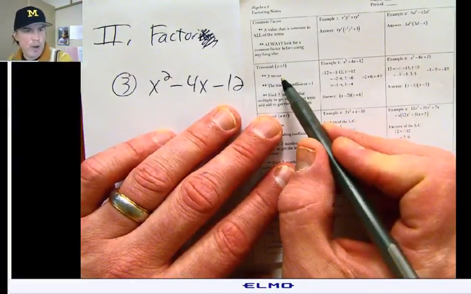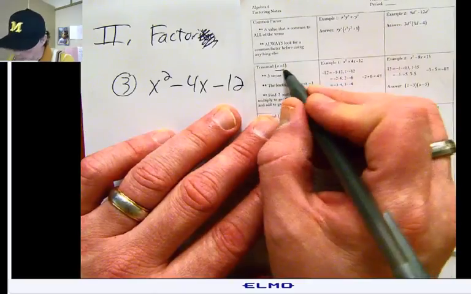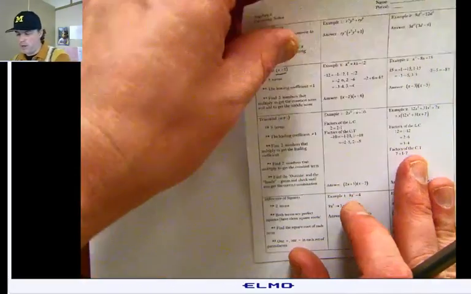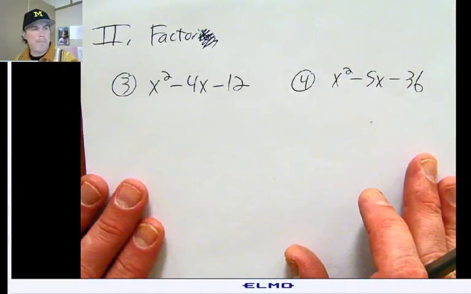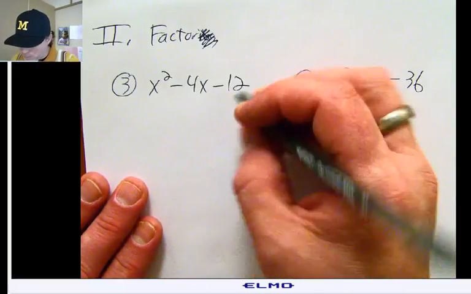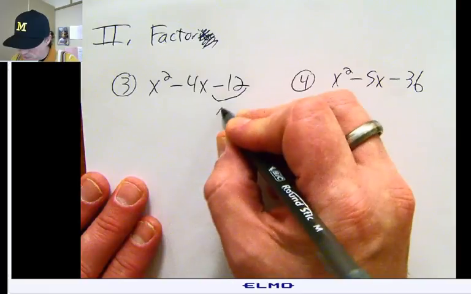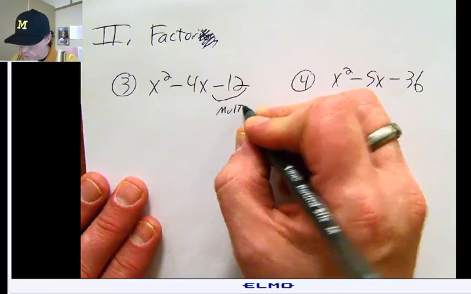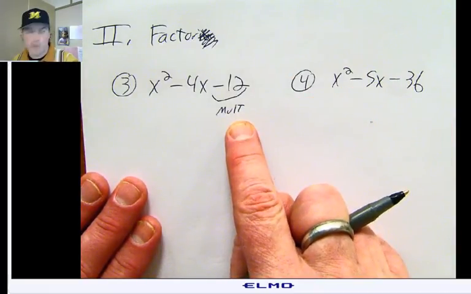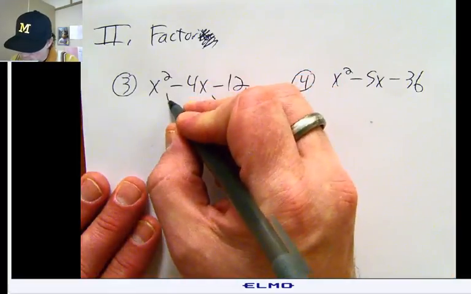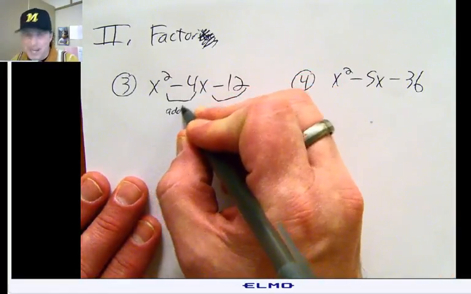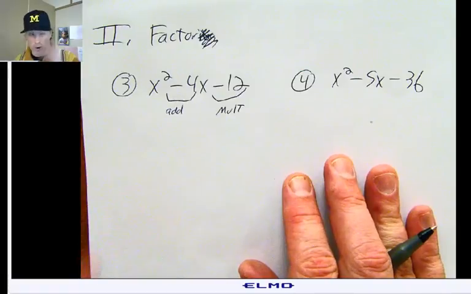And if you go back to the notes, this is trinomial a is equal to 1, the technique that I'm going to talk about right now. So we're looking for two numbers based off what we just talked about. The two numbers need to multiply to negative 12, and at the same time they need to add up to negative 4.